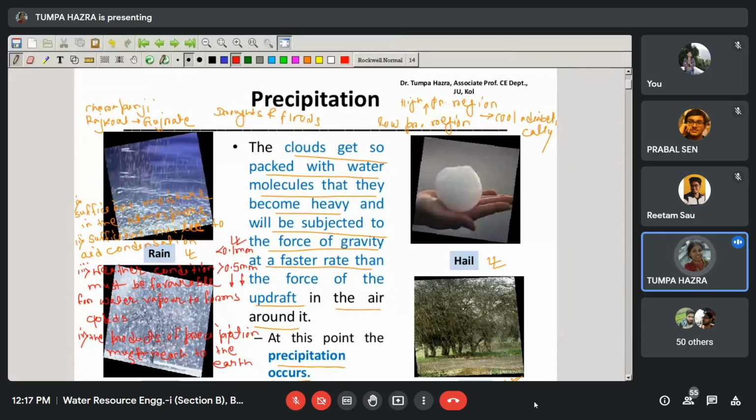But whenever wind aids and creates turbulence, these tiny water particles will collide with each other to form water particles greater than 0.5 millimeter. Whenever it becomes 0.5 millimeter, then only it will reach the earth due to the gravitational force.